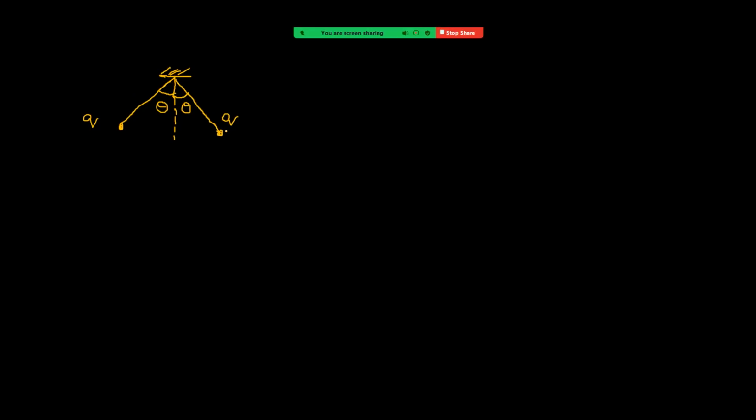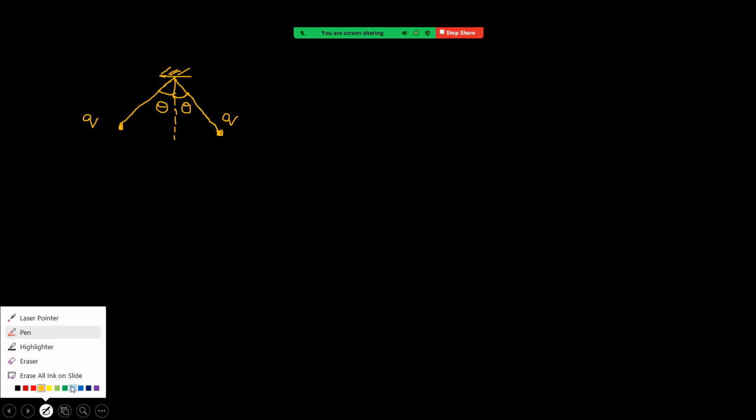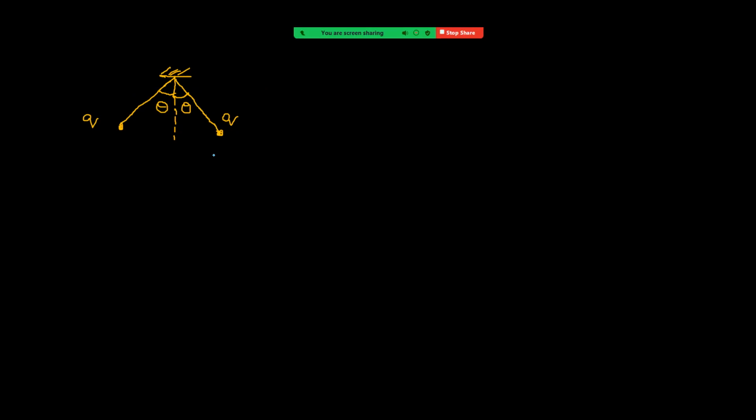If you focus on one charge, forces are acting on it. This one is repelling this one, right? I'm taking a different color to make it clear. The repulsion is now like this. I'm taking it as F, that is K Q1 Q2 by the square of the separation between them.